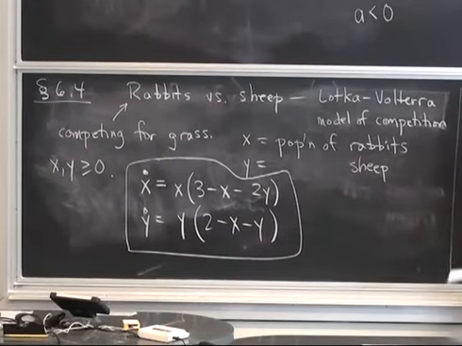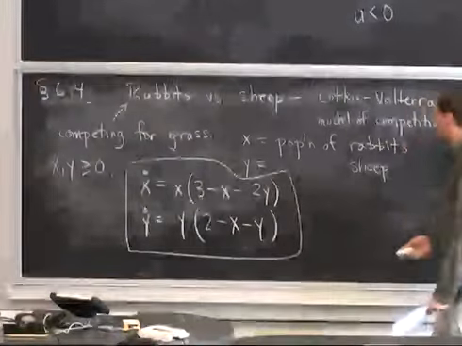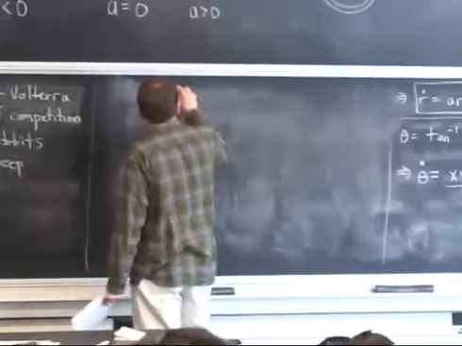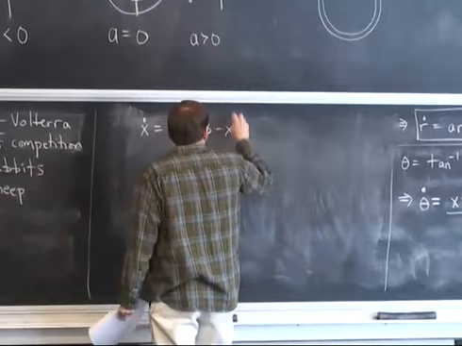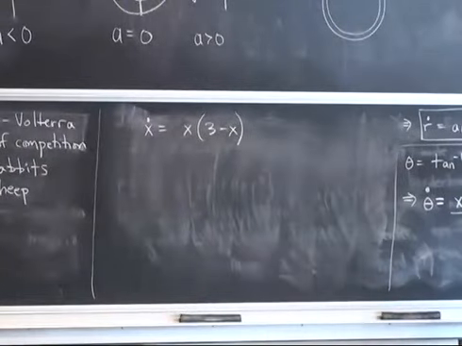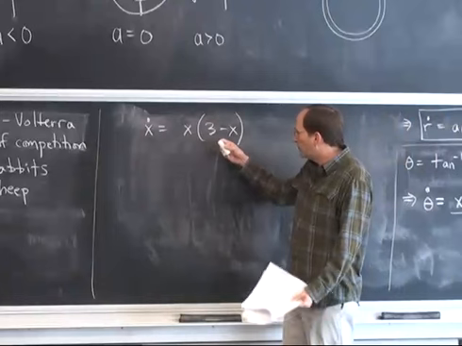Let's think about the x dynamics, the rabbits. If there were no sheep, you'd have x dot is just (3 minus x) times x. And you should recognize that kind of equation. That's a logistic equation, where for a single species it would grow. We know that this kind of thing would just grow up to a level of 3.